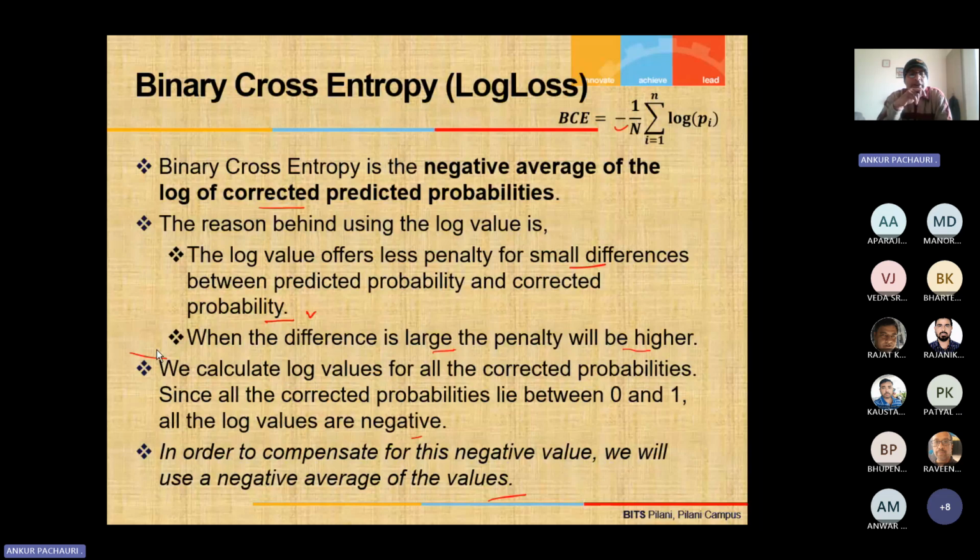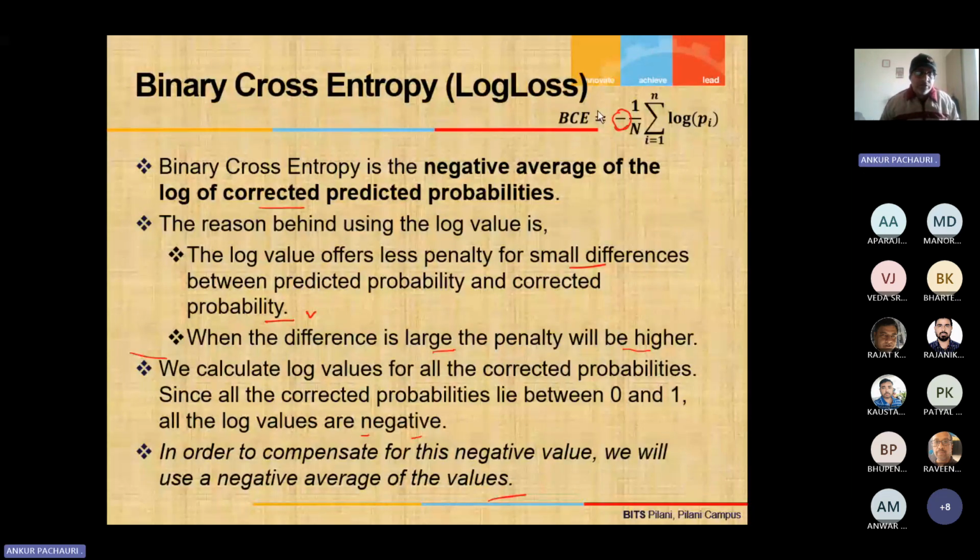So we calculate those log values for all the corrected probabilities. Since all the probabilities lie between 0 and 1, all the log values will be negative. If all the values are negative, somehow I have to make them positive. That is why the negative sign is put at the beginning of the formula.